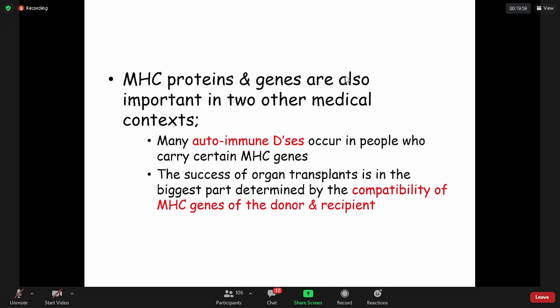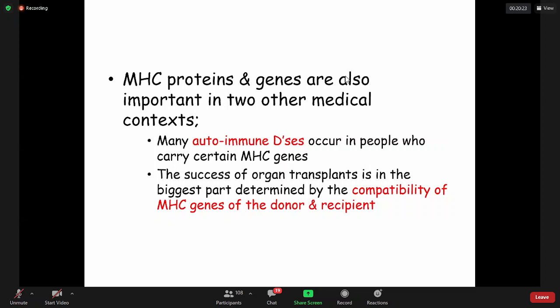These MHC proteins and genes, we have seen that they are important in antigen recognition, but they also play a role in autoimmune diseases. I don't know if you've already gone through autoimmune disease, but you will definitely go through it. It's basically the body fighting itself. That's what we call auto.